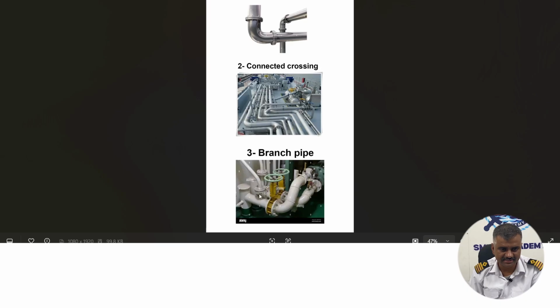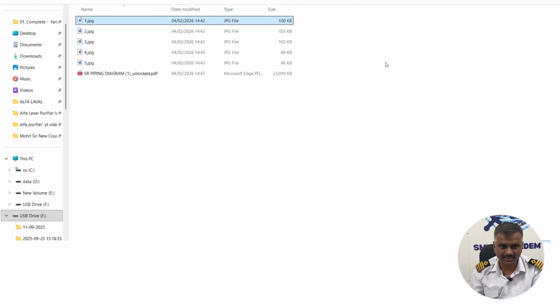So this is a small branch. When the pipe is branched out, or reduced in diameter, or changed in section to use it for another purpose or to send it for further usage, we are using a branch pipe. So these are the three pipes.